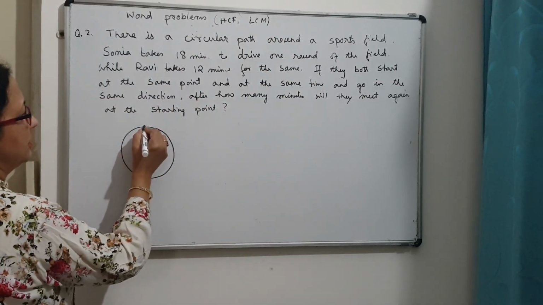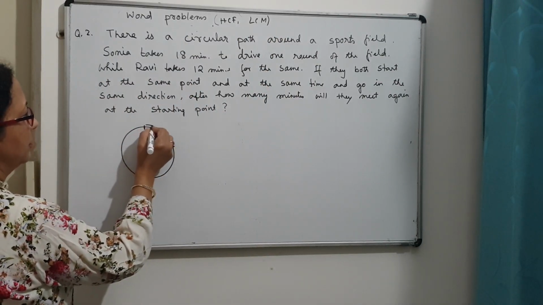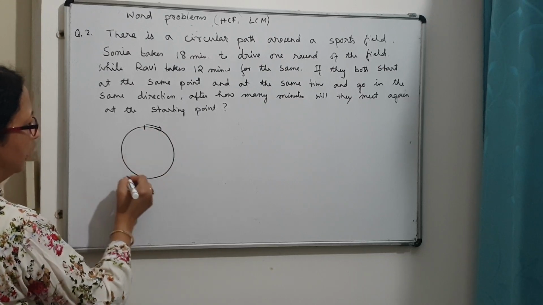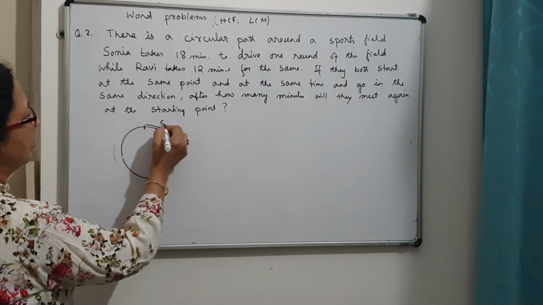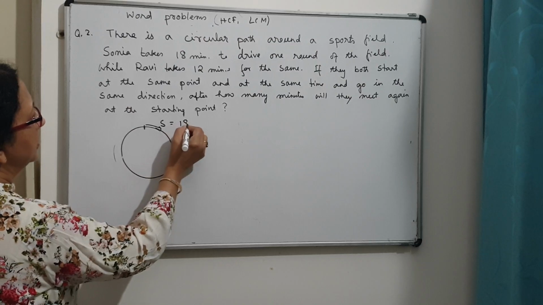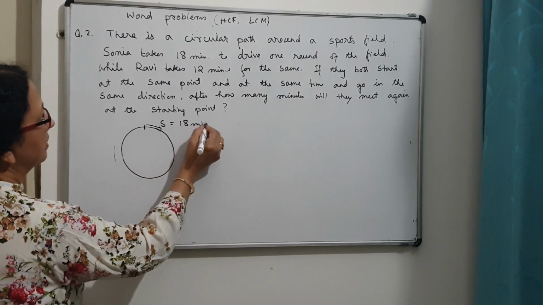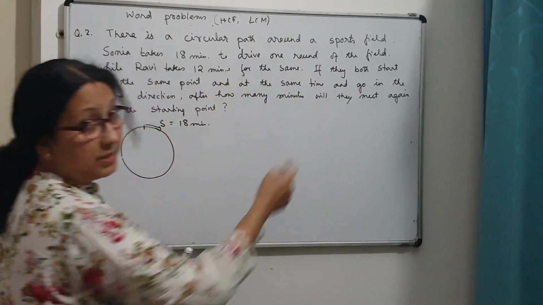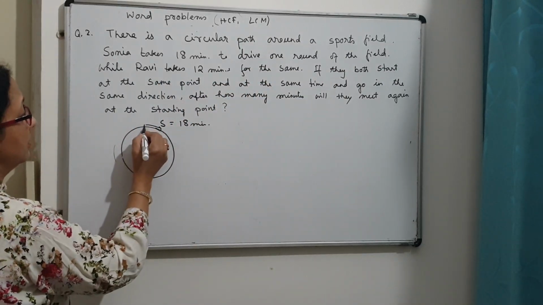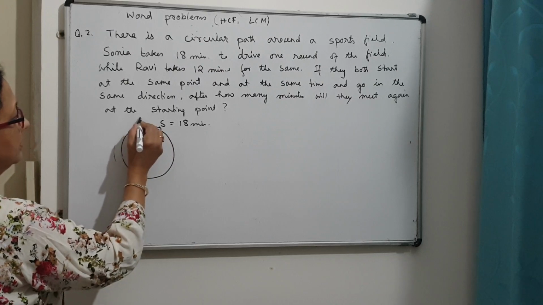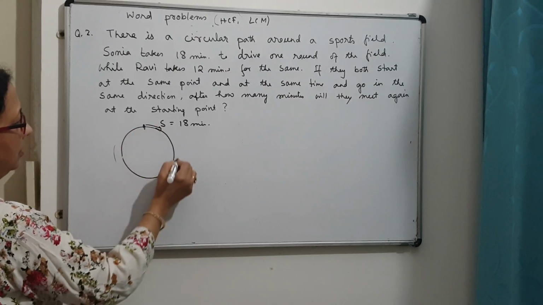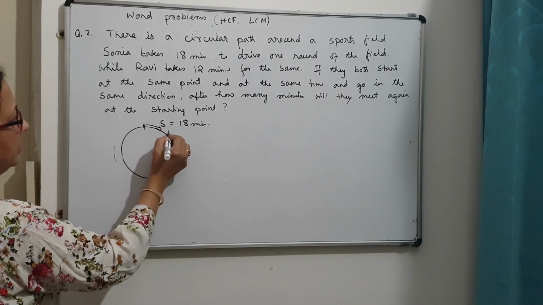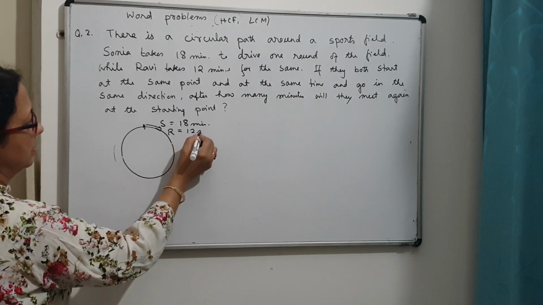That means if she starts from here and goes this way, for completing one round Sonia takes 18 minutes, while Ravi takes 12 minutes for the same. That means when Ravi also starts from here and makes one complete round, he takes 12 minutes.